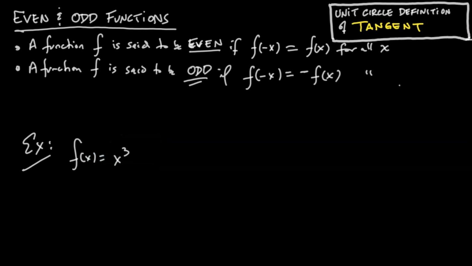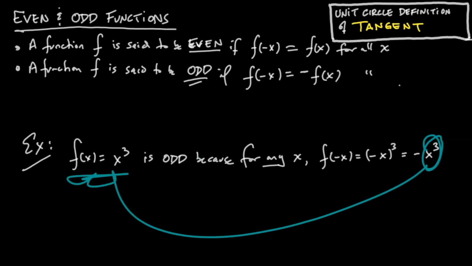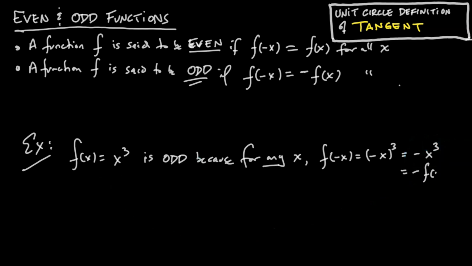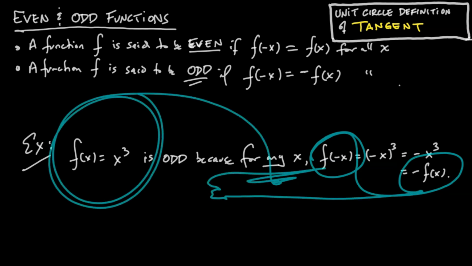And of course, it's clear why that happens. The cubing function is odd because for any x, f of minus x is the cube of minus x, and by basic algebra, that is minus x cubed. And since x cubed is f of x itself, this is minus f of x. Since f of minus x is minus f of x, for all x, this is indeed an odd function.